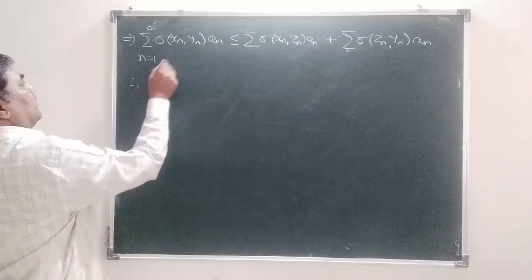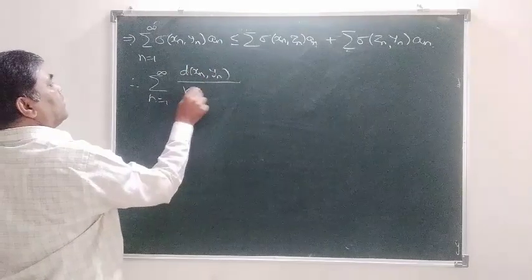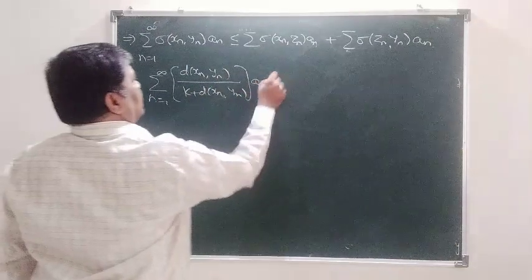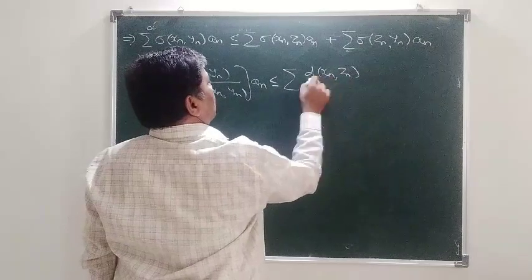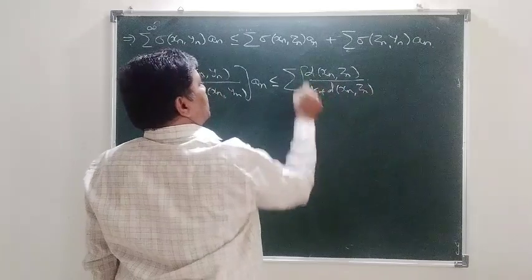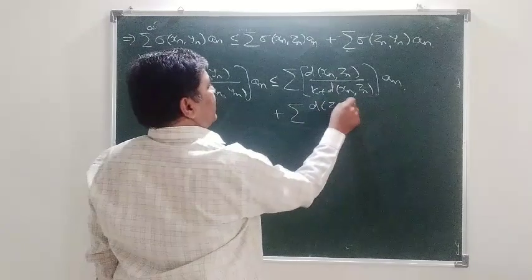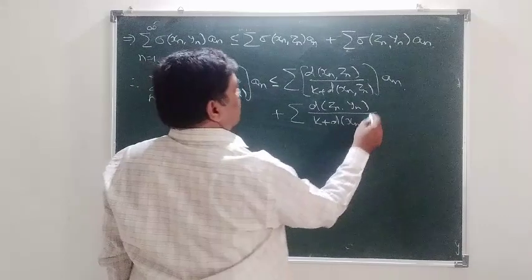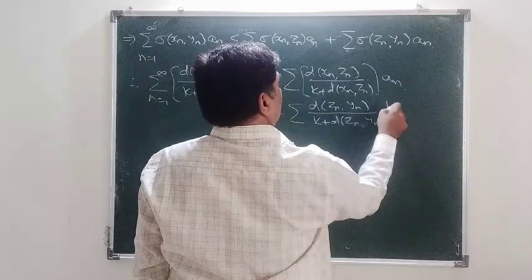Summation n equal to 1 to infinity d of xn yn upon k plus d of xn yn into an is less equal summation d of xn zn upon k plus d of xn zn into an plus summation d of zn yn upon k plus d of zn yn into an.